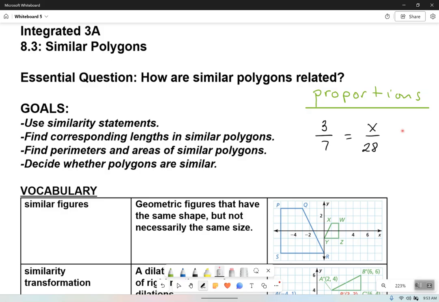Another way is to do 28 times 3 and divide by 7. I like to mix stuff up sometimes, but what is 28 divided by 7? 4 times the 3 in the middle, and I'm going to put you back to 12. You got the same thing. So keep that in mind. Remember how to do proportions.